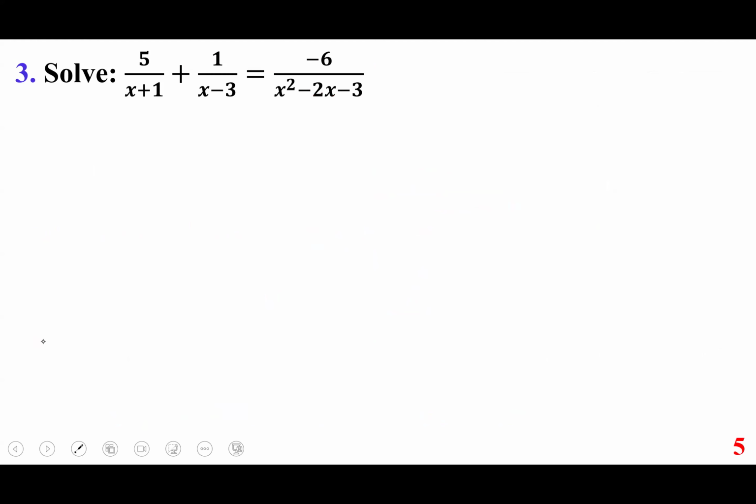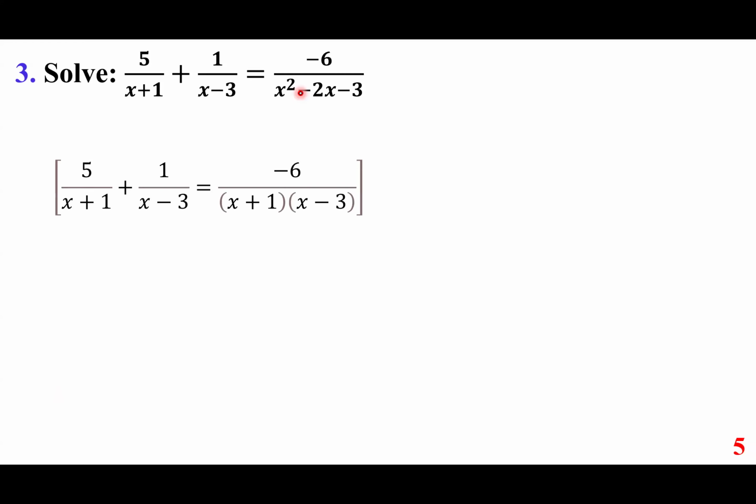I want to solve this rational equation. 5 over x plus 1 plus 1 over x minus 3 equals negative 6 over x squared minus 2x minus 3. So what do we do? We're going to do a couple of things. Number one, we are going to factor every denominator. This is fine, this is fine. This one is x plus 1, x minus 3, because you want two numbers whose product is negative 3 and whose sum is negative 2.